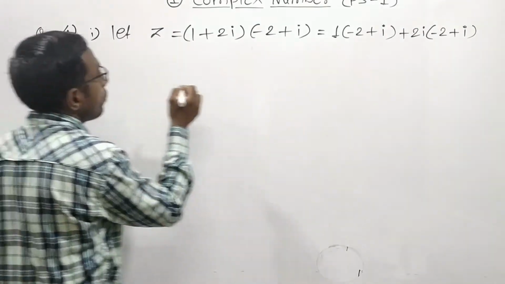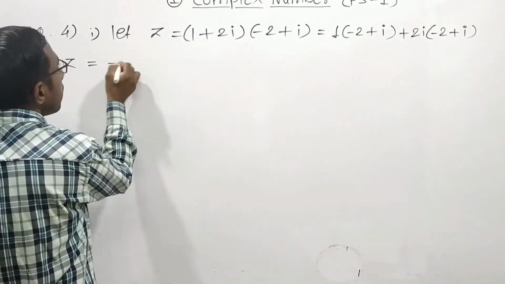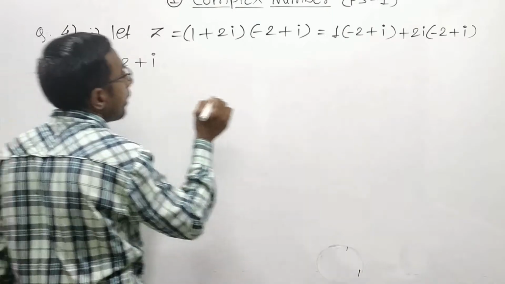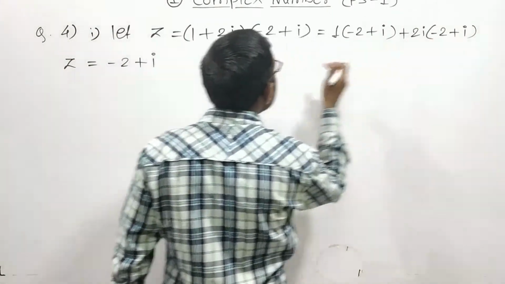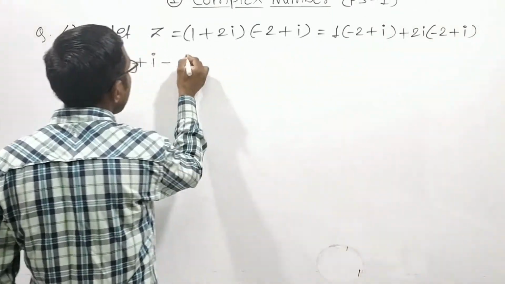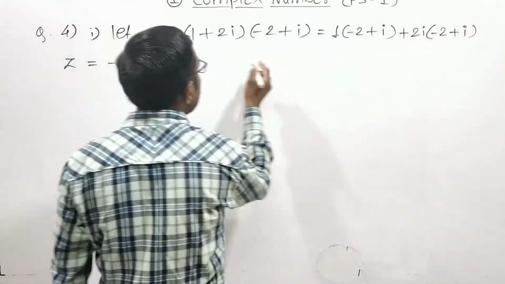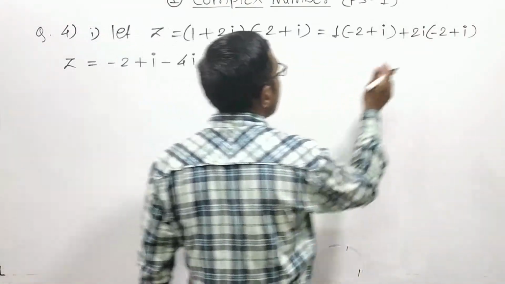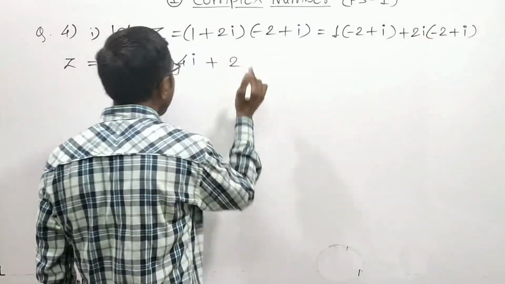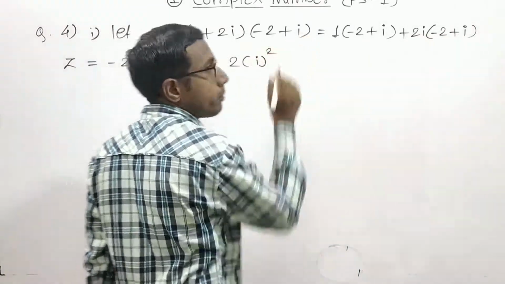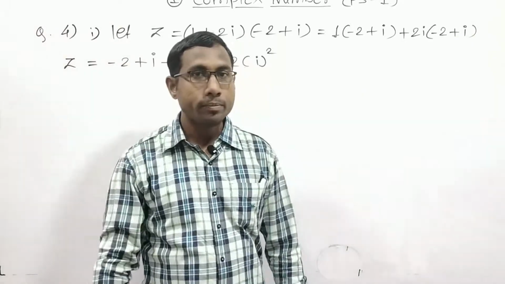So z is equal to 1 into anything is anything, minus 2 plus i, plus of minus 2 2s are 4i, 2 2s are 4i, plus 2i into i is 2 i square.